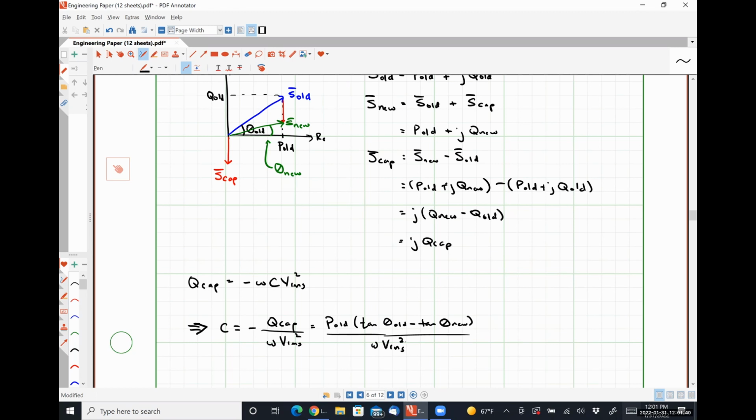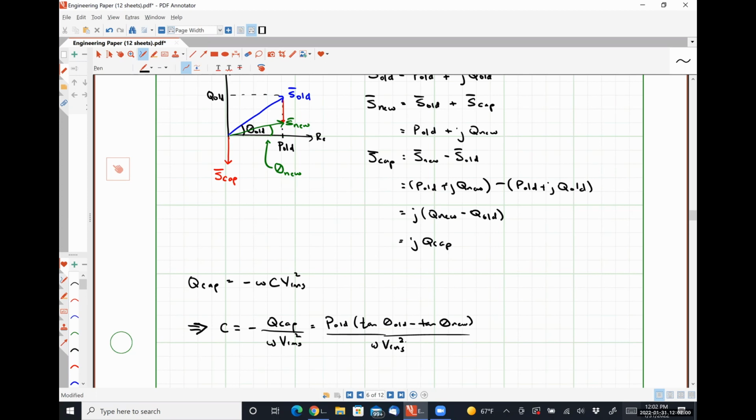So this tells us what size capacitor we need to introduce in parallel to our load in order to correct the power factor from some old power factor angle to some new power factor angle.